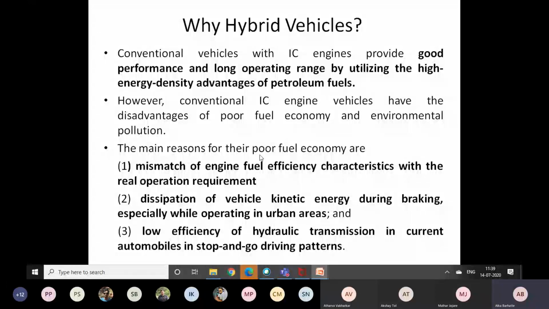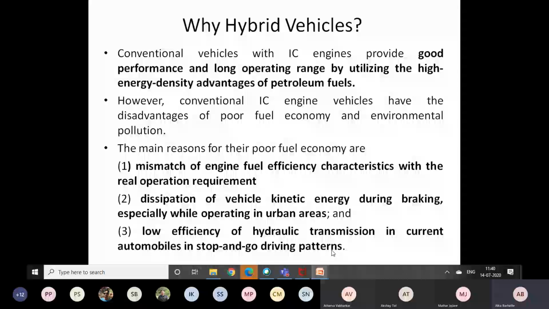The main reasons for their poor fuel economy are the mismatch of engine fuel efficiency with real operational requirements, and the dissipation of vehicle kinetic energy during braking. Most of the energy is wasted during braking, which is utilized in the case of hybrid or electric vehicles.